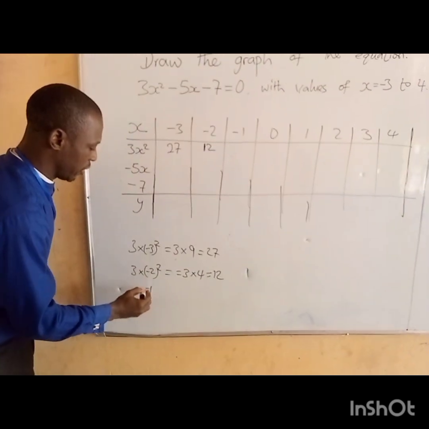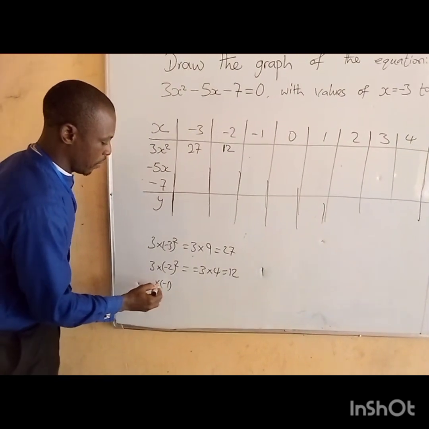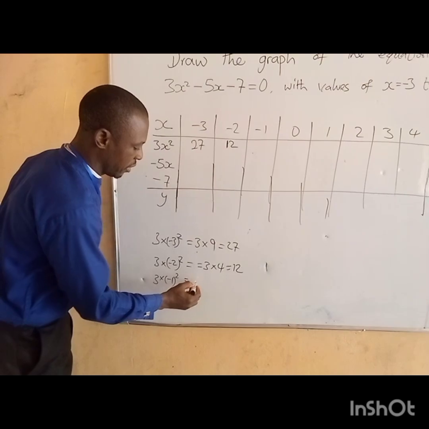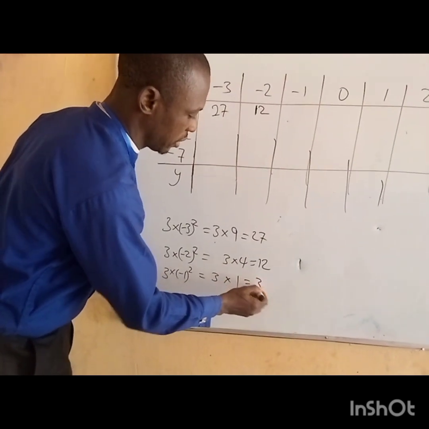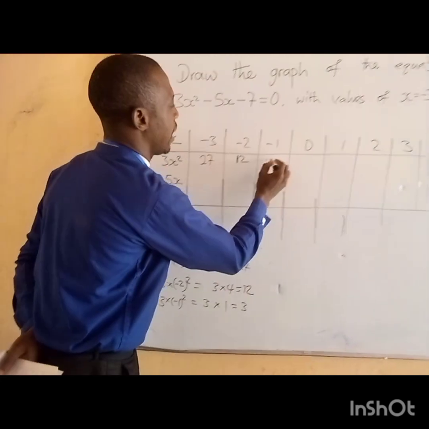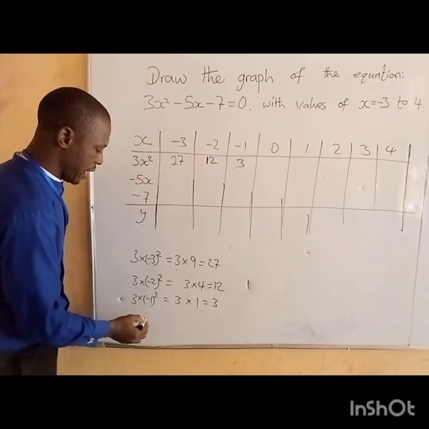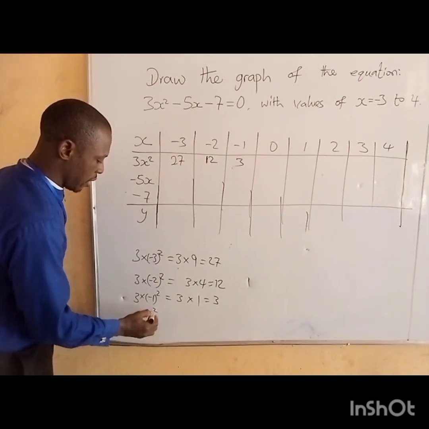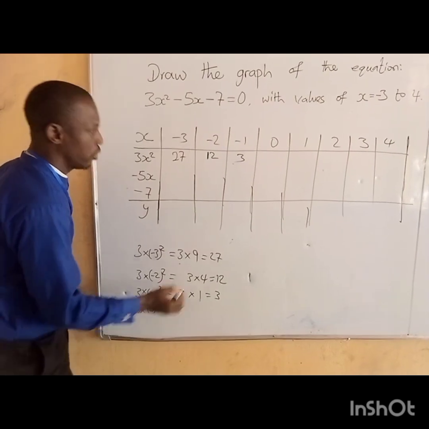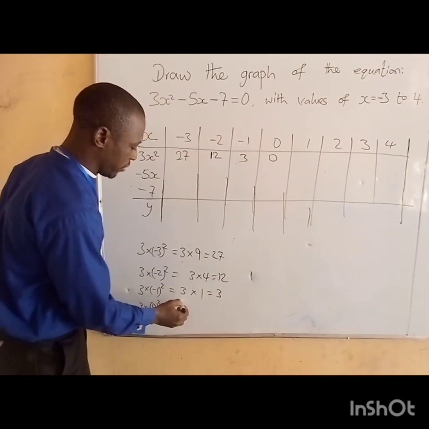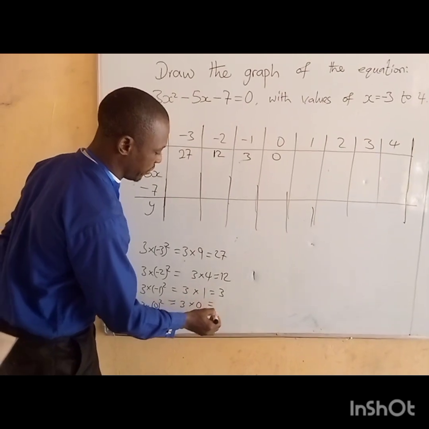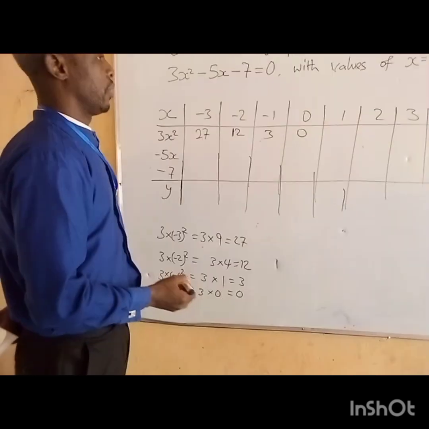And when it is -1, we have 3 times 1, which is 3. So here is 3. When you replace x with 0, all you have is 0, because the square of 0 is 0. So 3 times 0 is 0.